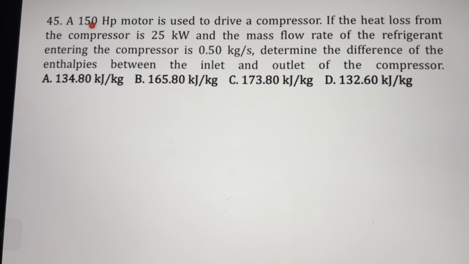So we have here a power requirement for the compressor. We know that the work of the compressor can be expressed as mass flow rate of our refrigerant entering our compressor multiplied by the change in enthalpy at the entrance and at the exit of our compressor.